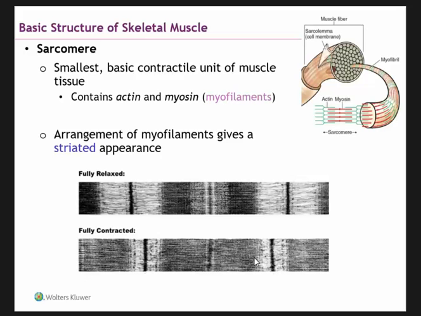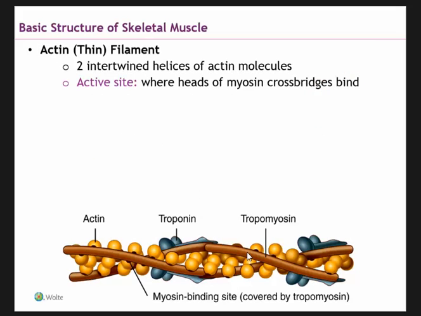But when we contract a muscle, those filaments are going to slide past each other. This is the striated appearance that you see. So these different stripes in the muscle are caused by the myofilaments, actin and myosin. Pretty cool.